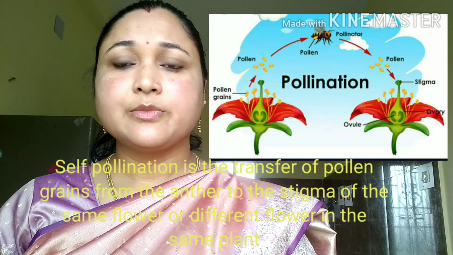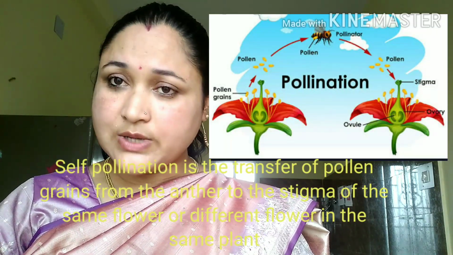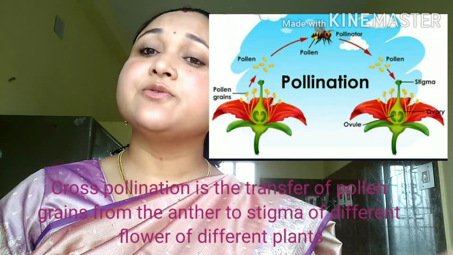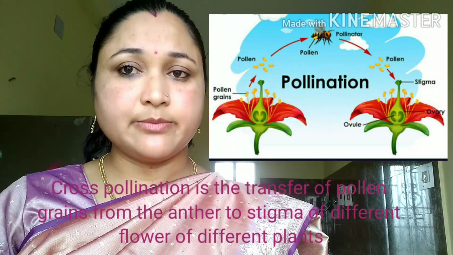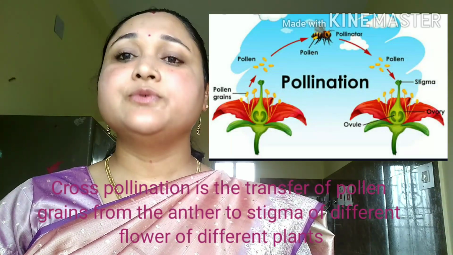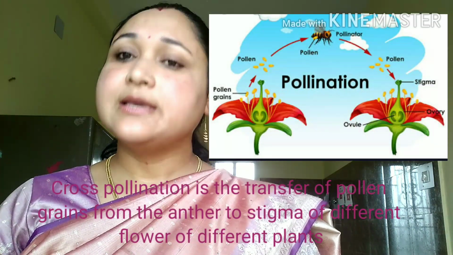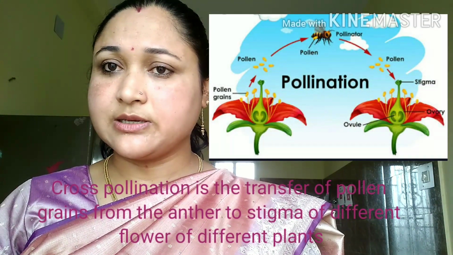And what is cross-pollination? The transfer of the pollen grains from the anther of the stamen to the stigma of the carpel of different flowers of different plants is said to be cross-pollination.